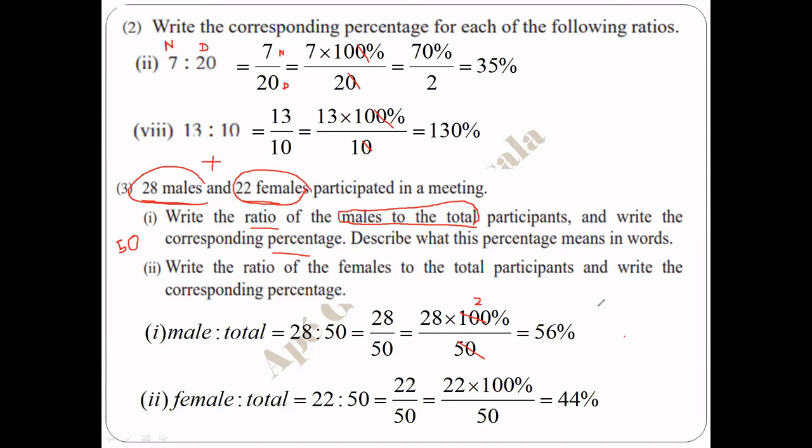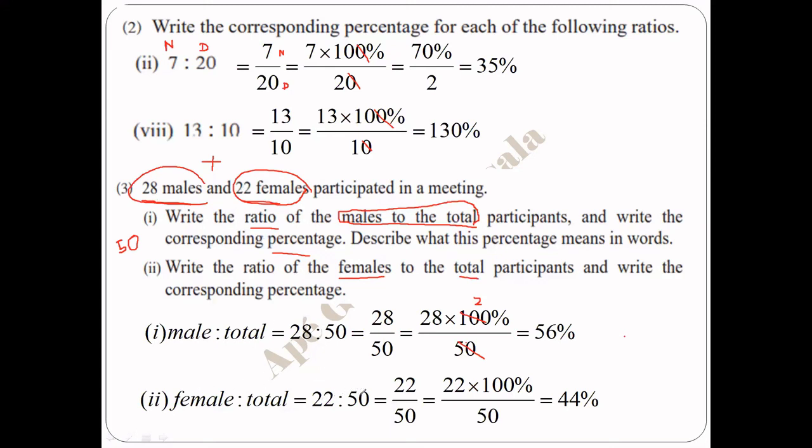Then female to total. Write the ratio of the female to the total. So female 22, total 50.